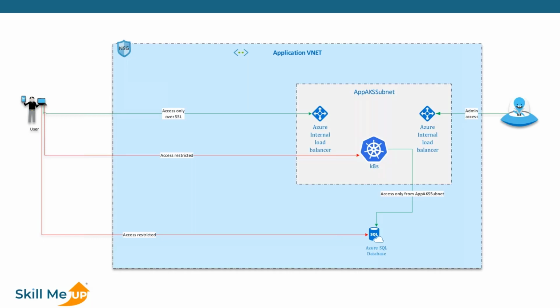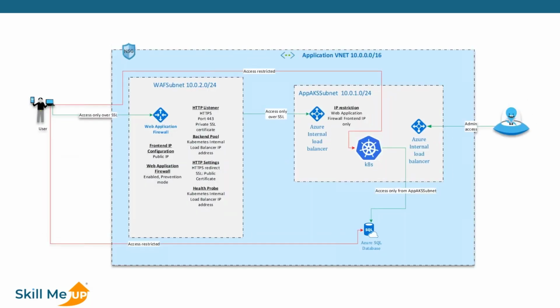But how do we protect the application, a user connecting to the application here? Well, that's where the web application firewall comes in. Instead of opening the specific subnet for Azure Kubernetes Service up with a public IP address, we can put in an Azure Application Gateway and turn that on as a web application firewall.